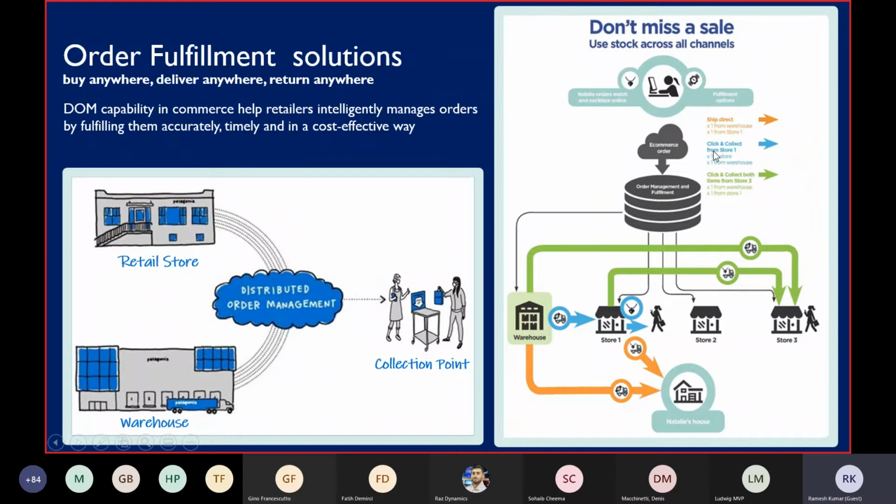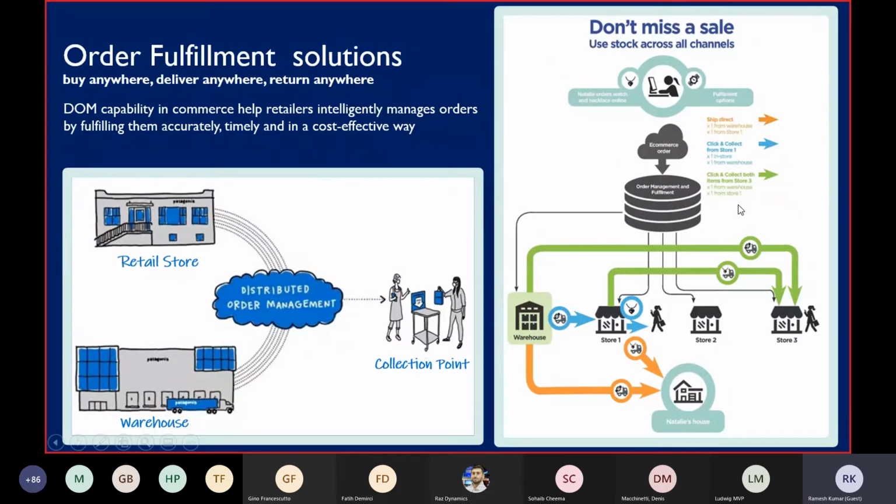In scenario 2, click and collect from store 1, the watch is transferred through a transfer order or through distributed order management from the warehouse to store 1. Once both items are packed, the system will automatically send a notification to the customer, and the customer comes and picks up the order from store 1.